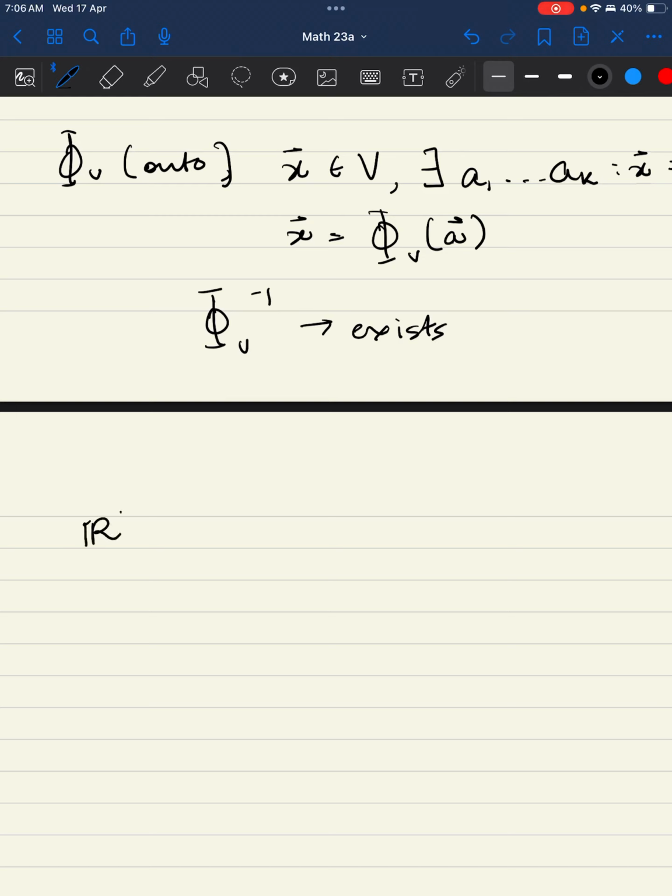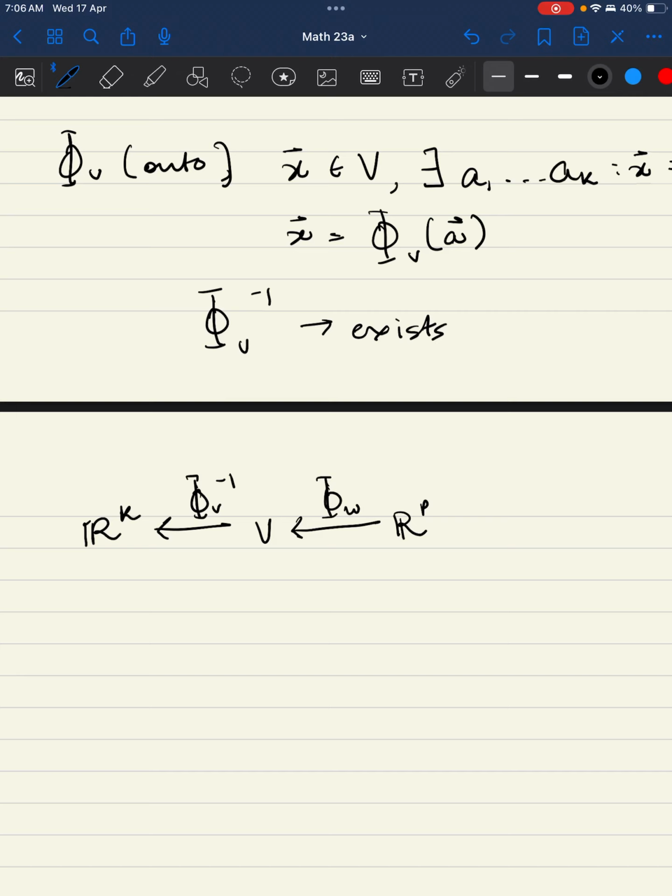We can apply the same argument for phi W to figure out that the other one is also invertible. So this can be written down as phi V inverse embeds into this vector space V. We don't need the inverse of the other one because we start with the same thing, R^p.